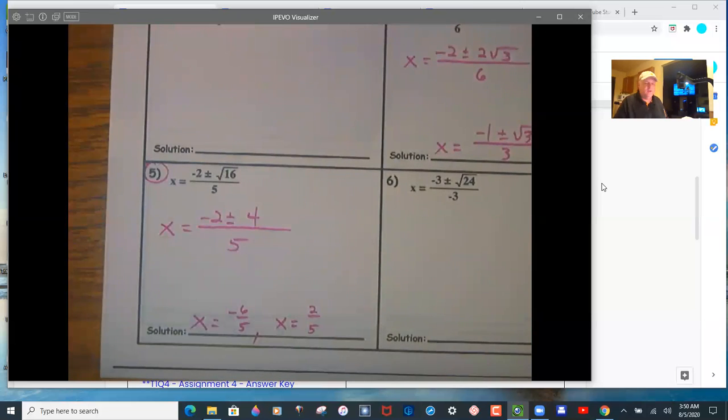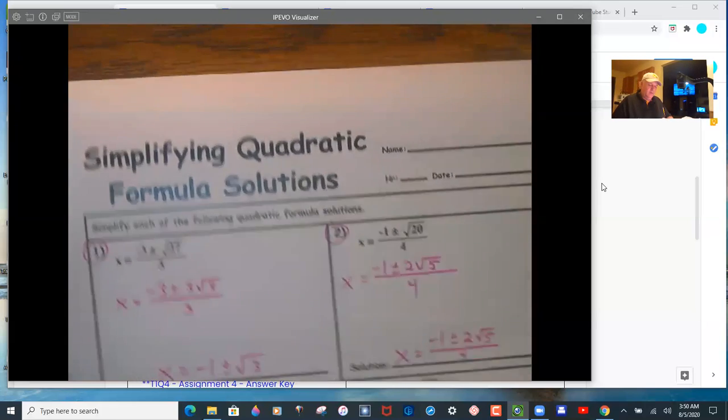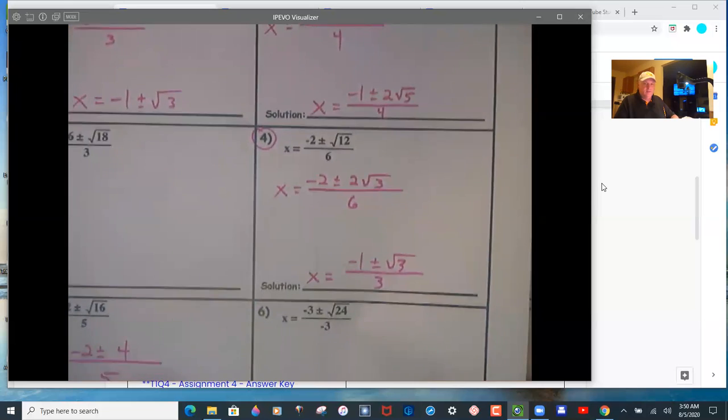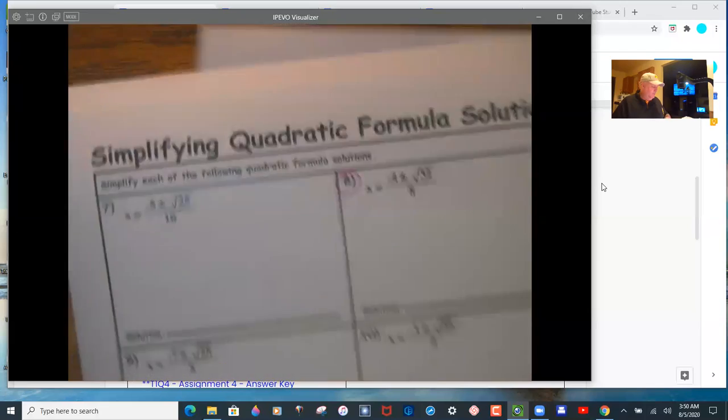So you're going to get some fraction work in this. There are times when you do this quadratic formula, this is actually the result of it, and you get 2 answers like that. You always get 2 answers, it's just that it's condensed. So for number 4, it's -1 minus the square root of 3 over 3, whatever that decimal is, and -1 plus the square root of 3 over 3.